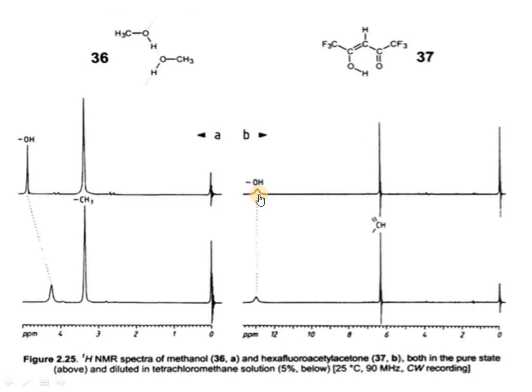Now when this compound is added to methanol, the intermolecular hydrogen bonding of methanol breaks, due to which this signal is reduced to a small peak and it moves just to the right, and the peak due to CH3 remains the same.